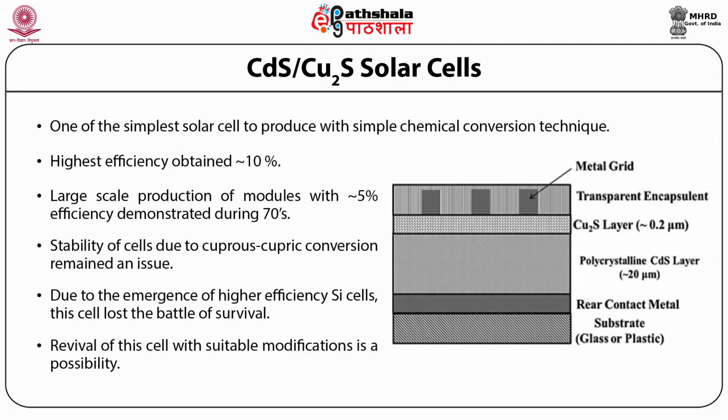Cadmium sulphide or copper sulphide solar cells. The photovoltaic effect in cadmium sulphide or copper sulphide was first discovered in 1954.